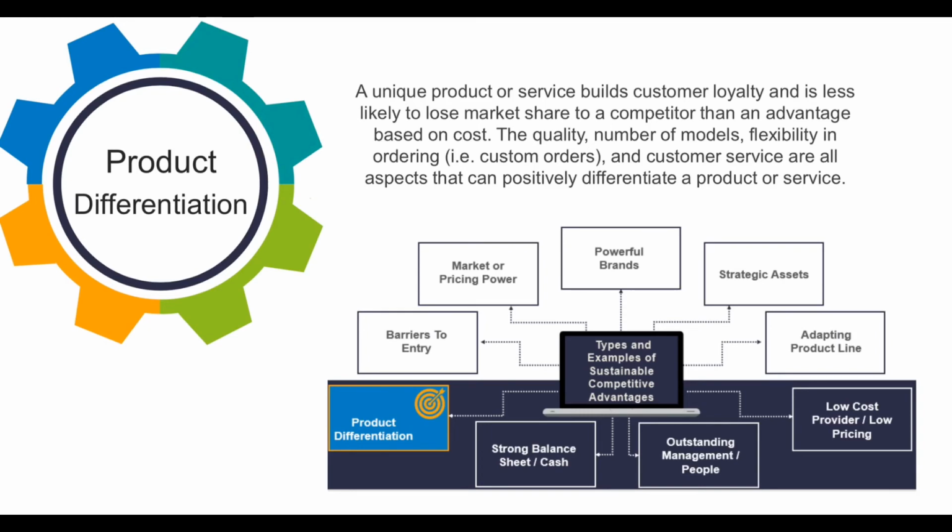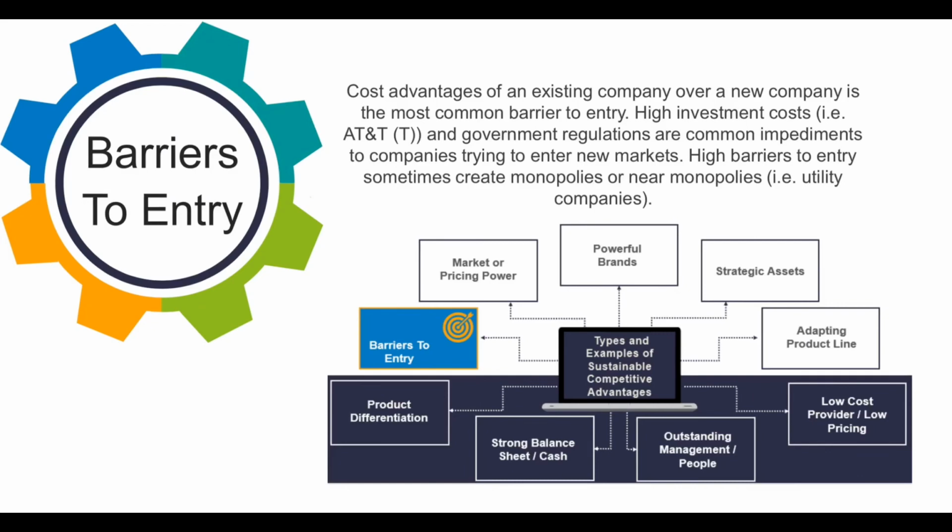The quality, number of models, flexibility in ordering, for example customer orders, and customer service are all aspects that can positively differentiate a product or service. In barriers to entry, the cost advantage of an existing company over a new company is the most common barrier to entry.